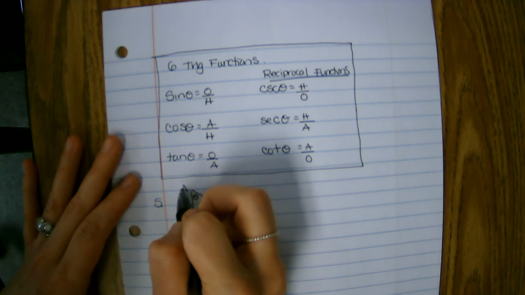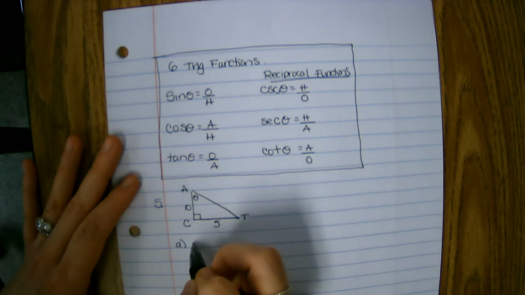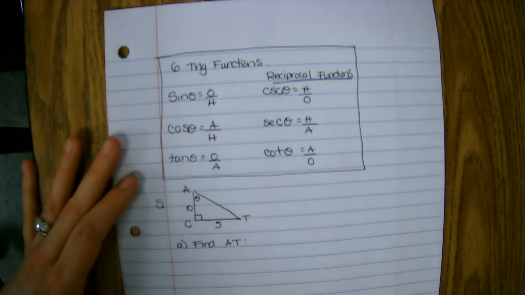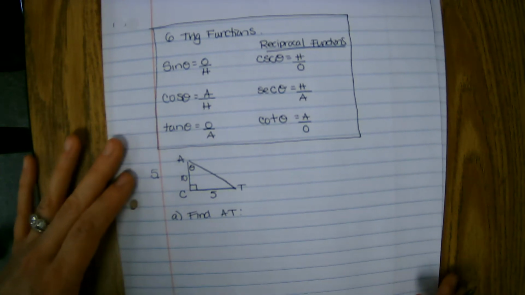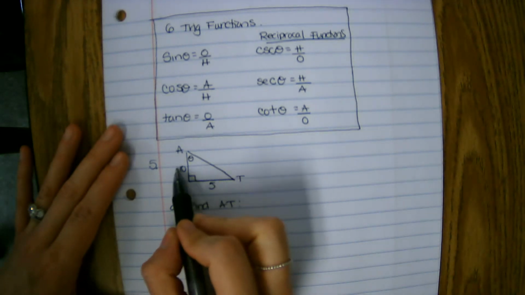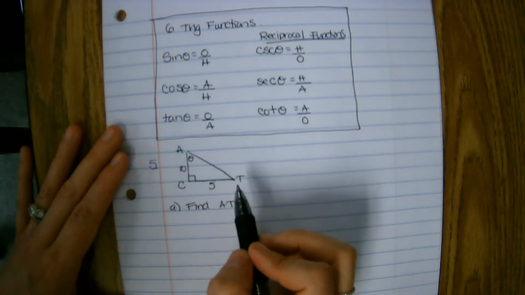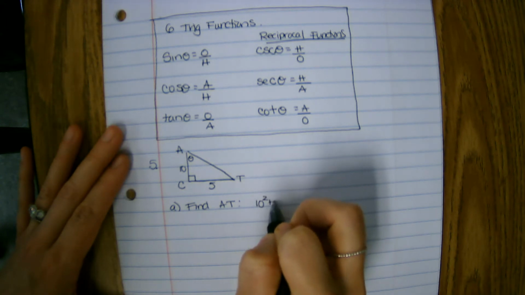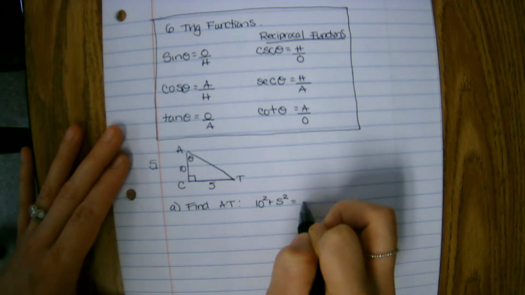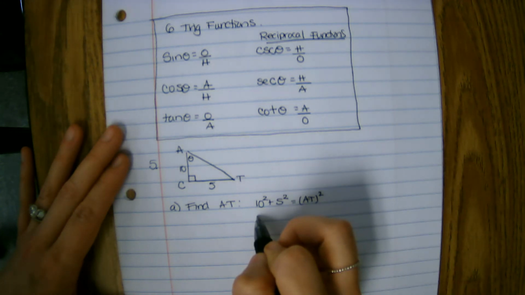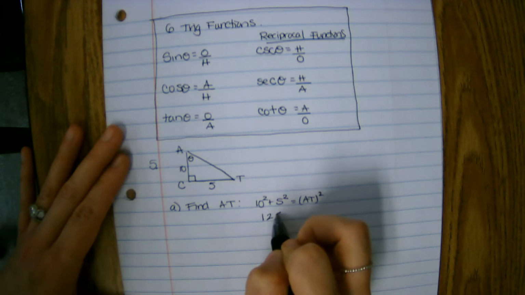So let's call this triangle CAT. So find the missing side, AT. So go ahead, pause your video and see if you can find that. Hopefully you realize that you had 2 out of the 3 sides of a right triangle, so you can use Pythagorean theorem. So we would take 10 squared plus 5 squared equals our AT squared, and that gives us 125.